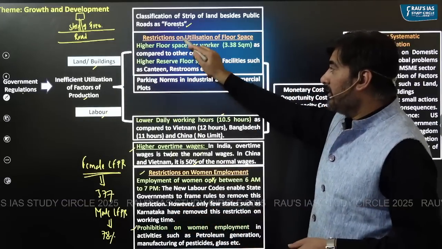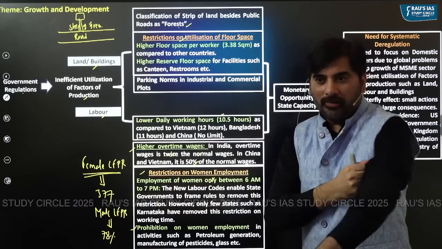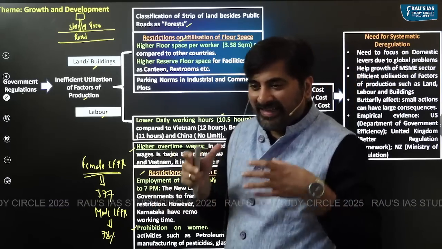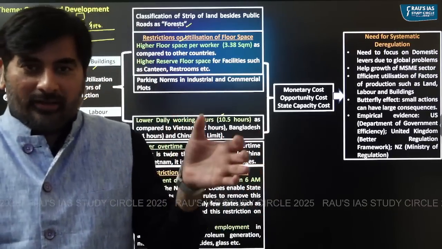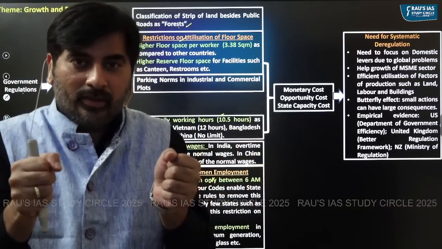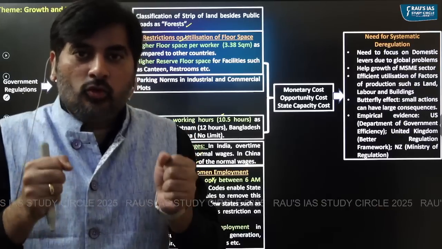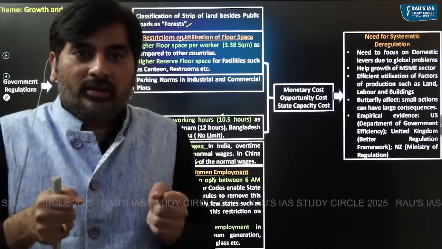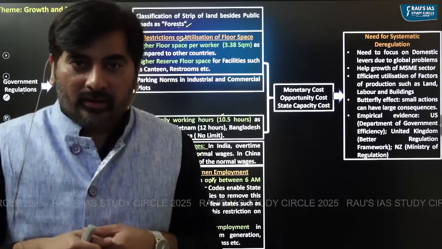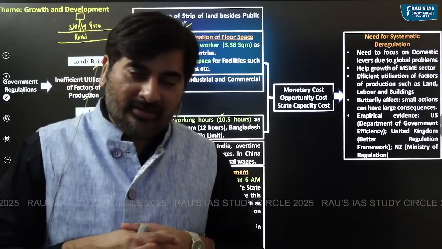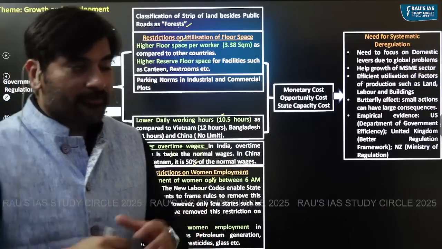Next one is, in order to ensure that workers in an industry, in a factory, are not working in a very cramped space, the government has laid down rules and regulations as to how much the floor space per worker should be, which is good.